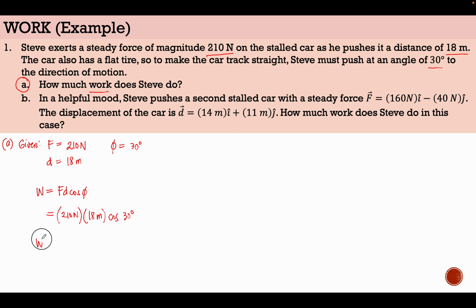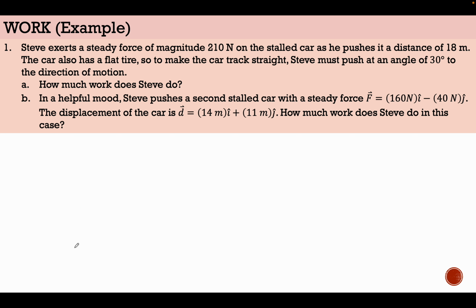Work is equal to 3,273.58, and the unit for work is again in joules. So the work done by Steve on the stalled car is 3,273.58 joules. Now we will proceed with letter B.